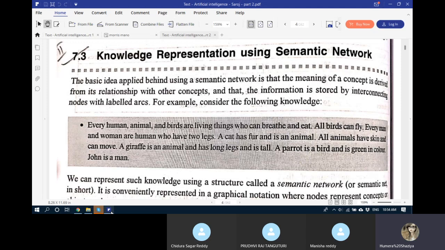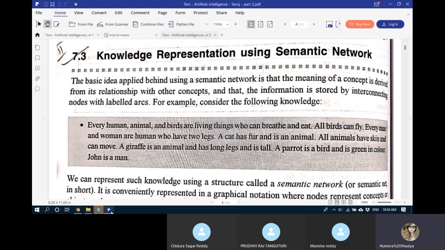Here, the meaning says that a particular type of animal has long legs and is tall. A parrot is a bird and is green in color. Not all birds are green in color, whereas a parrot, which is a type of bird, is green in color. John is a man. So man means human.